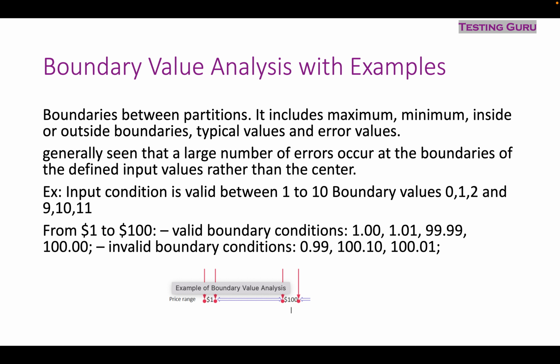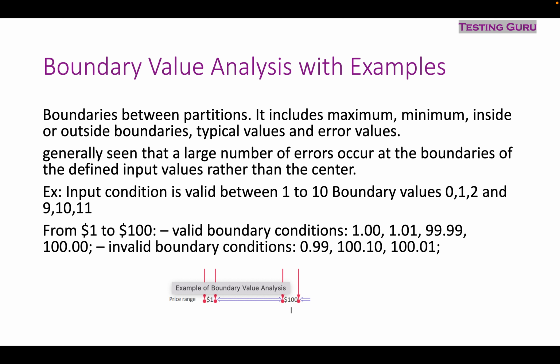These are the typical boundary cases, and we have to test with the typical values as well as the error values. Typical values means positive values, and error values means negative values. It is generally seen that a large number of errors occur at the boundaries of the defined input values rather than the center.